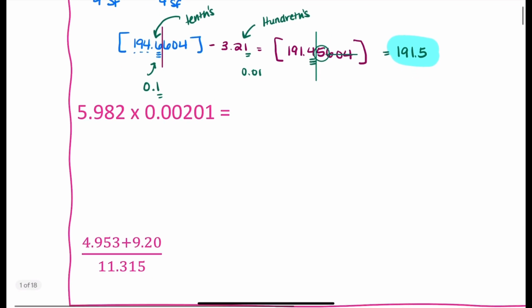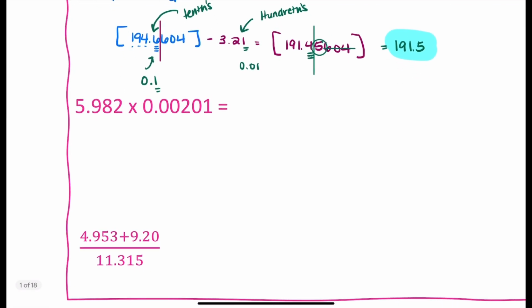Excuse me. Let's go ahead and work another example. 5.982 times 0.00201. When I look at this number, 1, 2, 3, 4 sig figs. When I look at the next number, I have to remember my sig fig rules. Leading zeros are not significant. If you're unsure, put the number into scientific notation.